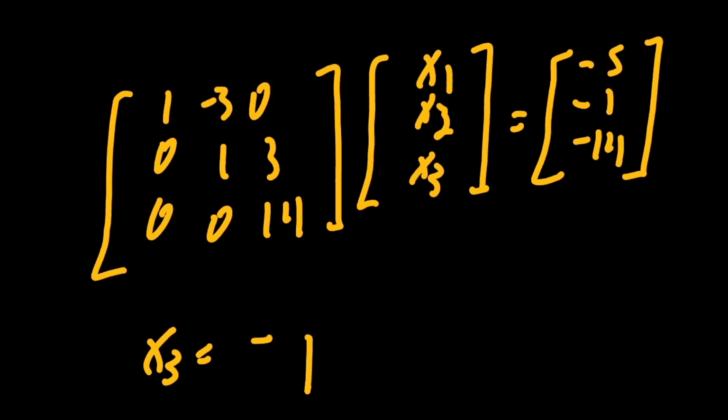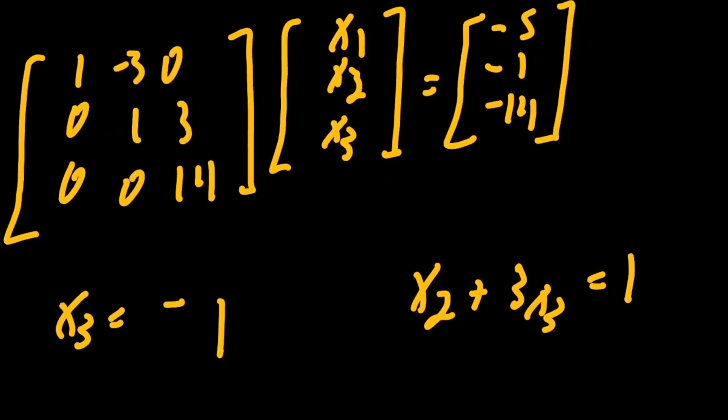In the second row, it's x sub 2 plus 3x sub 3, which is equal to negative 1. We know x sub 3 is equal to negative 1. Therefore, the equation becomes x sub 2 minus 3 equals negative 1. And as a result, x sub 2 is simply 2.